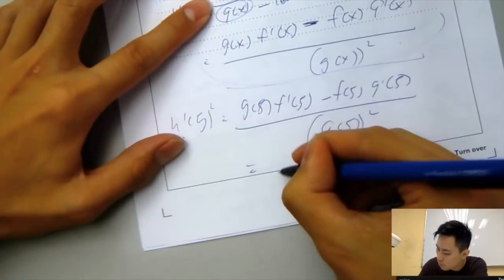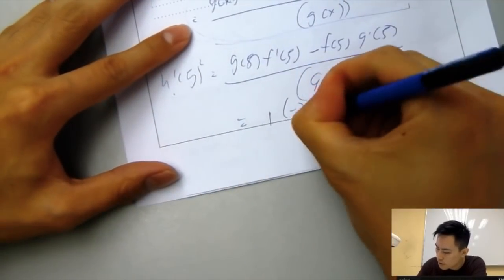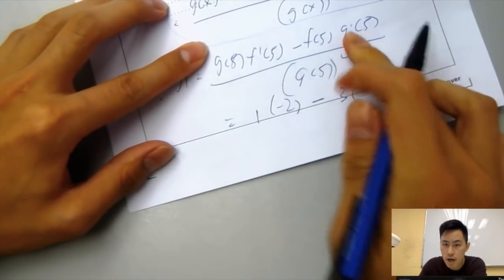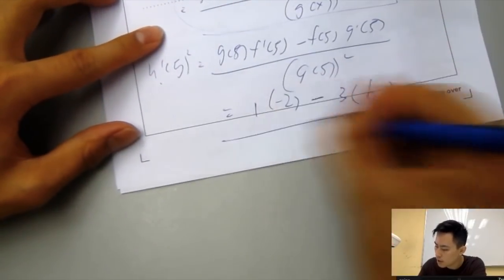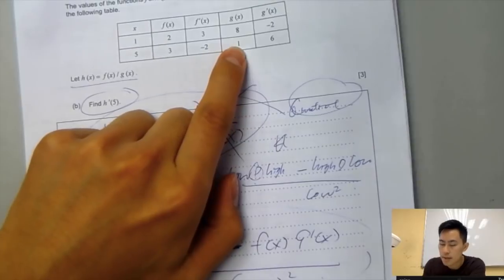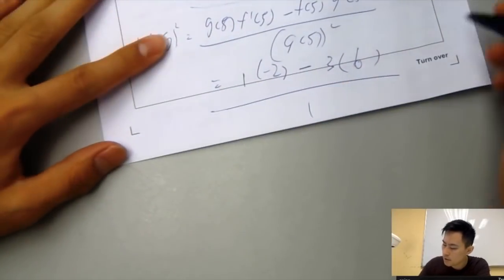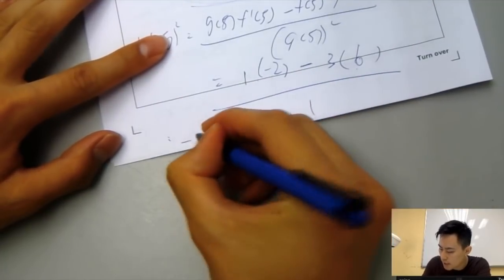So plug in 1 here, and f prime of 5 is minus 2. Minus 2 here, minus f(5), which is 3, times g prime of 5, which is 6, over g(5) squared, which is 1 squared. Very easy. Finally you have minus 2, minus 18, which is minus 20. That's it. Next question.